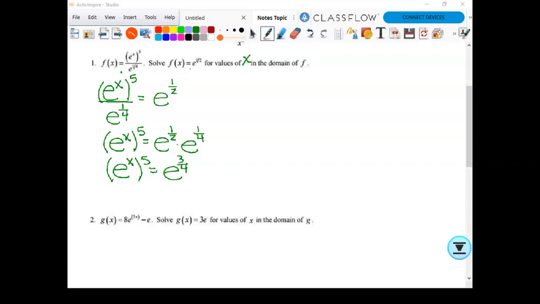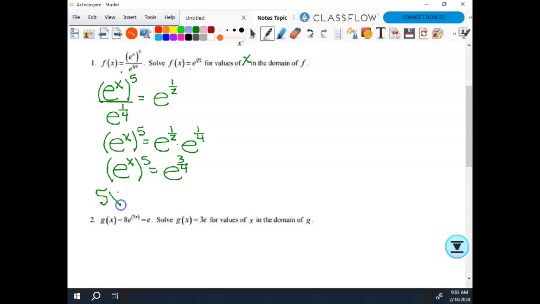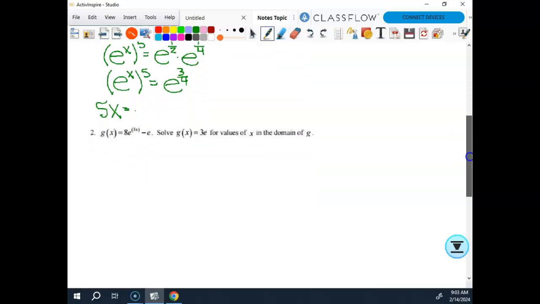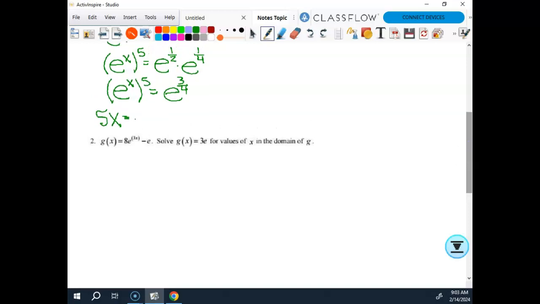So I get 5x equals what? 3/4. Okay. Then I'm going to need to divide by 5. Dividing by 5 is the same as multiplying by what? 1/5. So this would be x equals 3/4 times 1/5, which gives me 3/20. Okay.